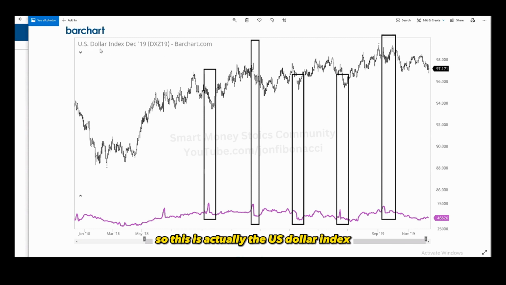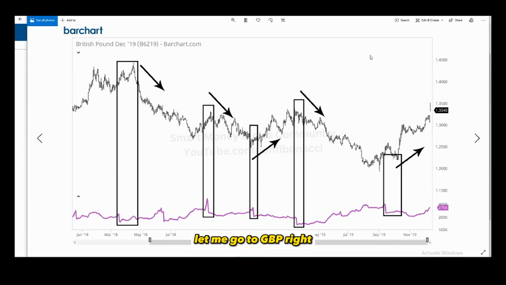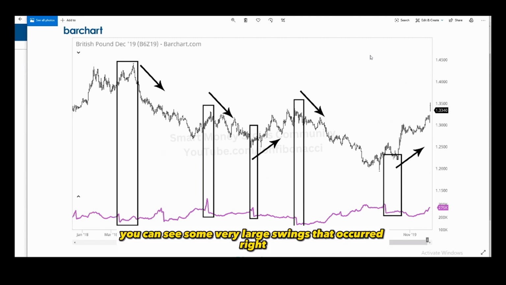Okay, so this is actually the US dollar index. There's some Forex for you, right? John, I don't trade silver. I trade euro and all that. Okay, well, here's dollar index. Let me go to GBP, the British pound. You can see some very large swings that occurred.